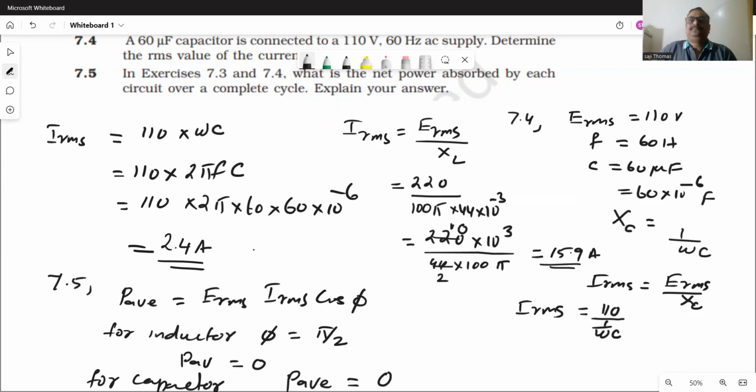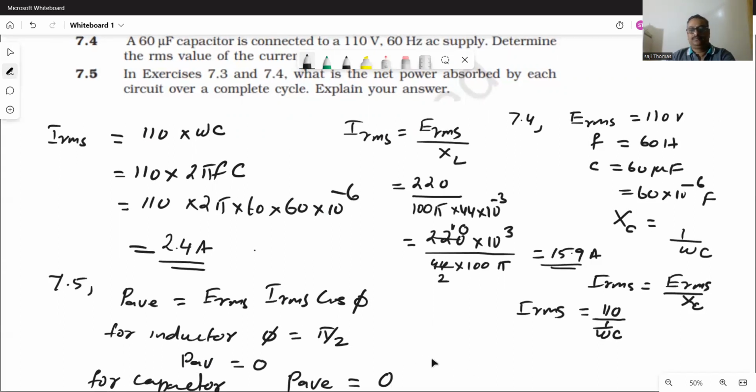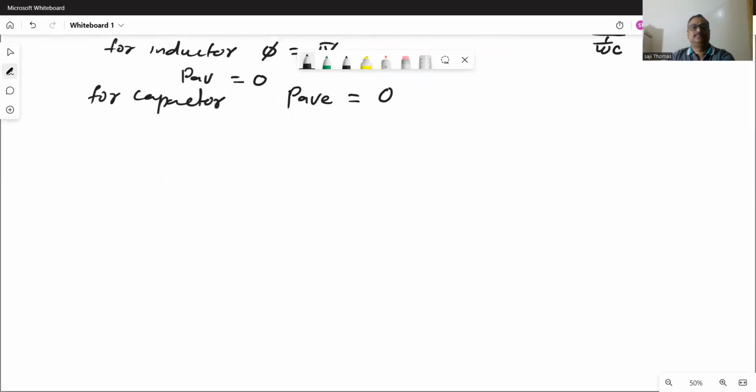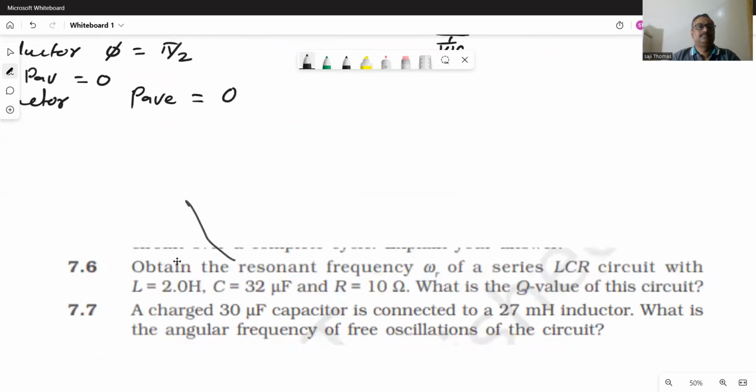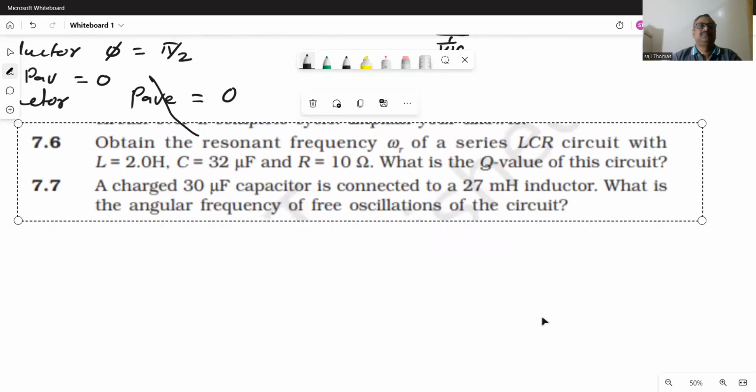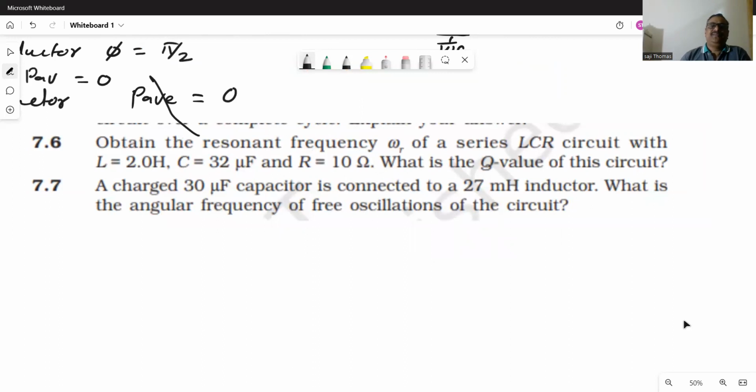Now we'll do the next question. Question number 7.6. See, obtain the resonant frequency of a series LCR circuit.